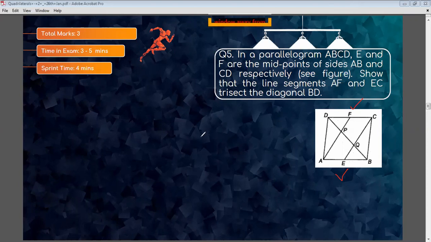This diagonal DB is divided into 1, 2, 3. This means trisection. This is first, this is second, this is third. Bisect means two equal parts. Trisect means three equal parts.